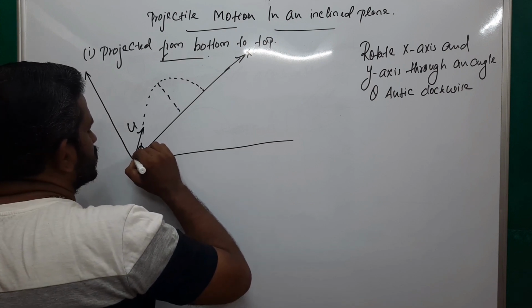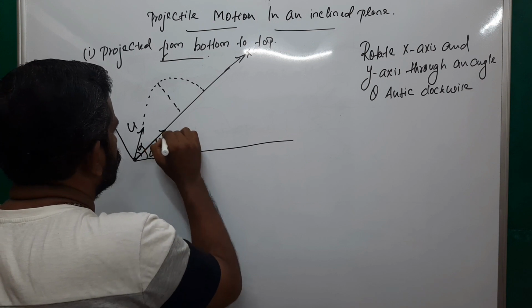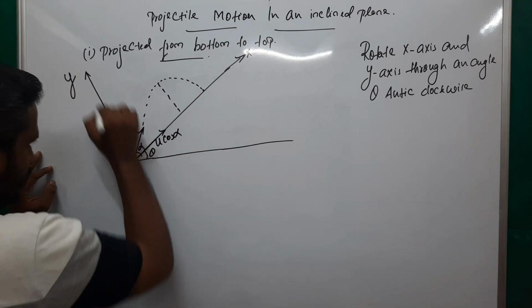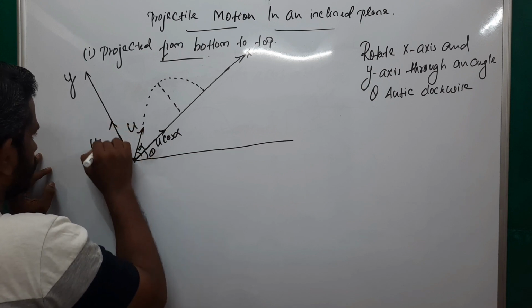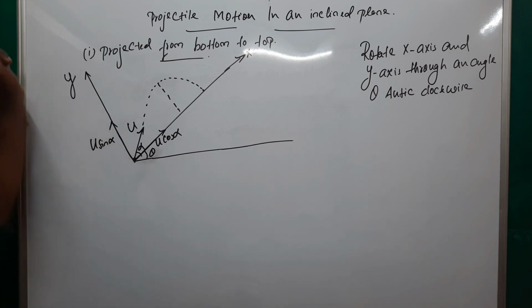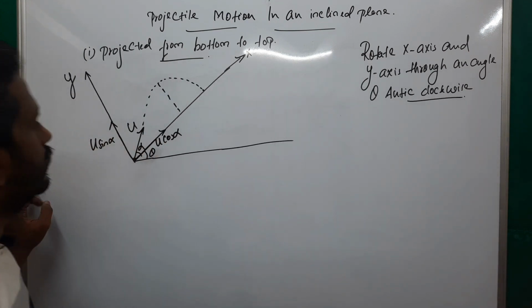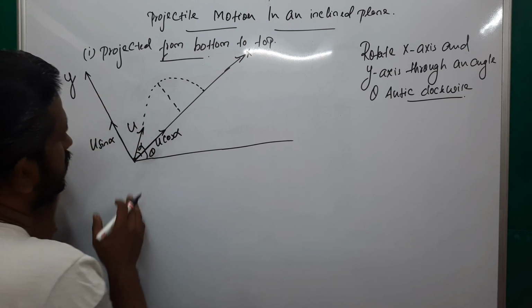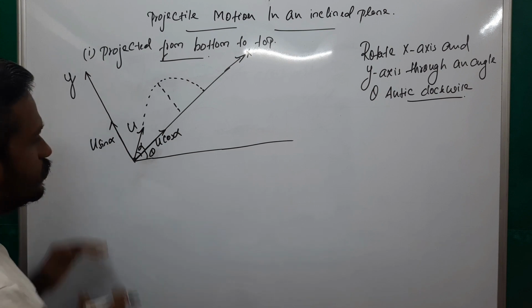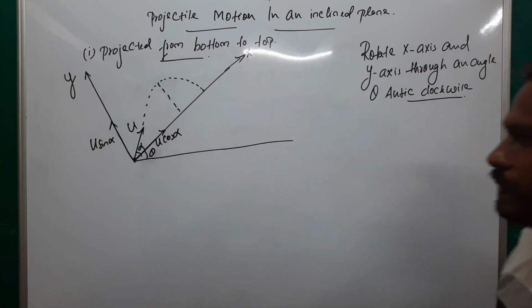So the initial horizontal component of velocity is u cos alpha, and the initial vertical component of velocity is u sin alpha. Clear?